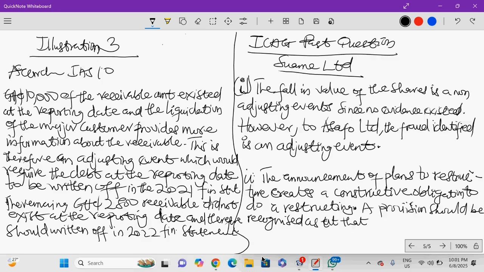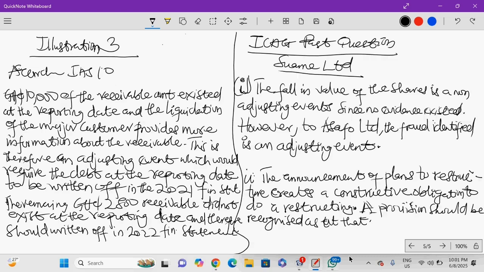The end of the story is that it is a non-adjusting event, but it would have affected IAS 37, which is provisions, right?